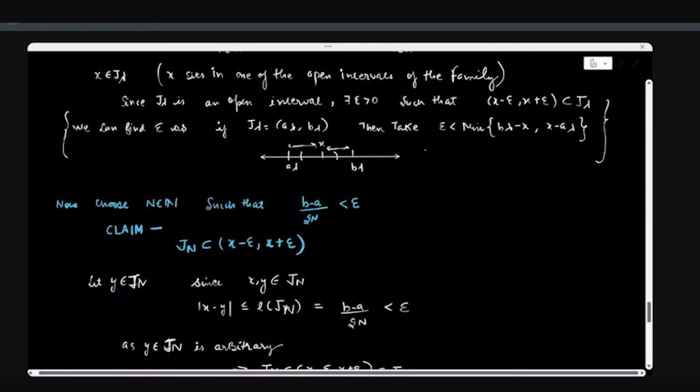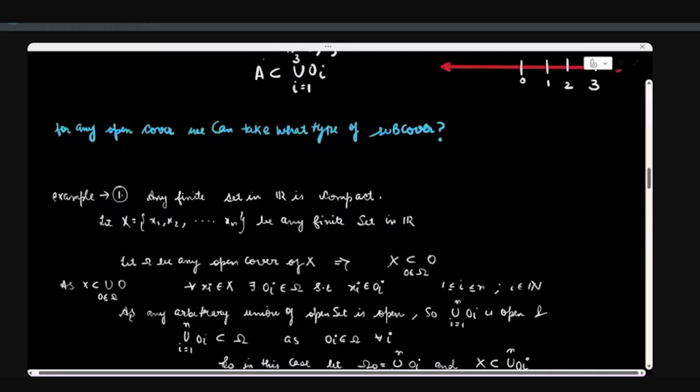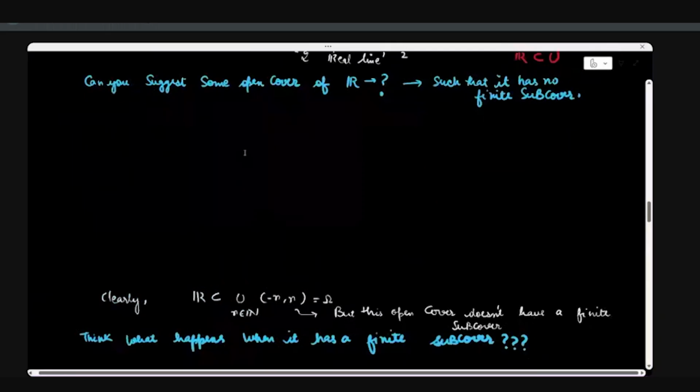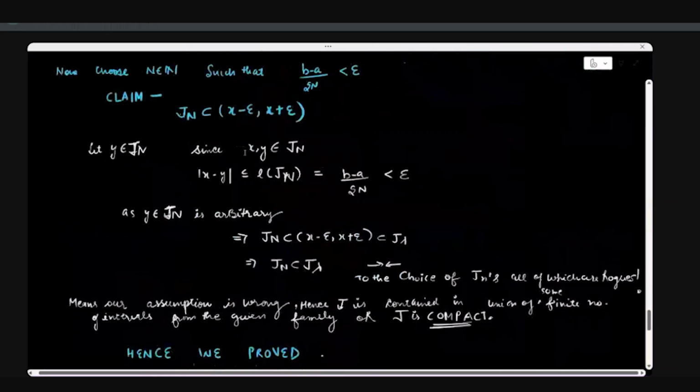I think many of you can guess what we should do and how to achieve a contradiction. So now I will choose an n in naturals such that (b minus a) upon 2^n is less than epsilon. Remember, this choice is very crucial.